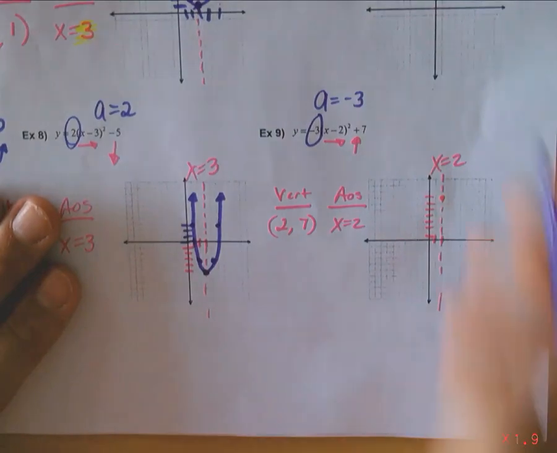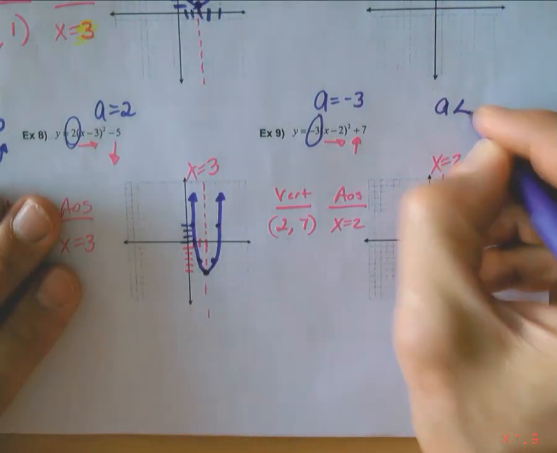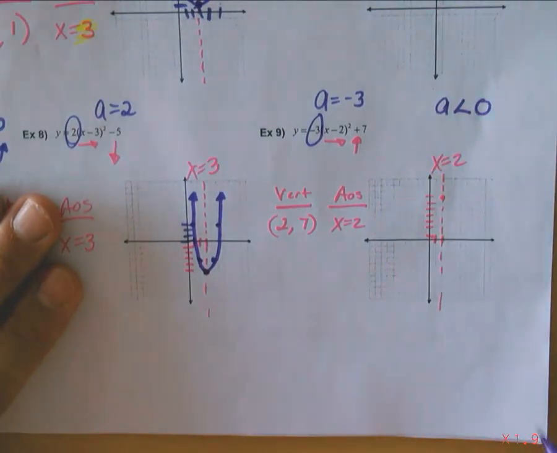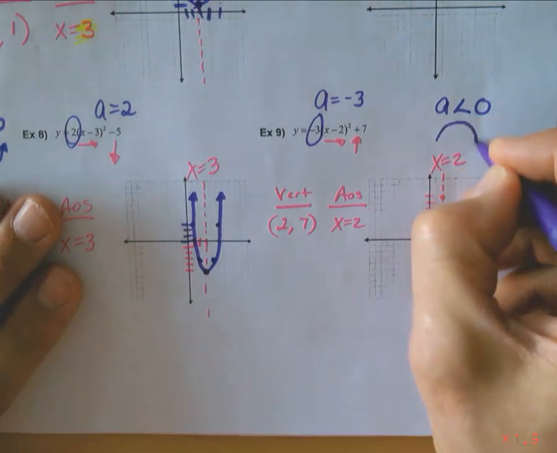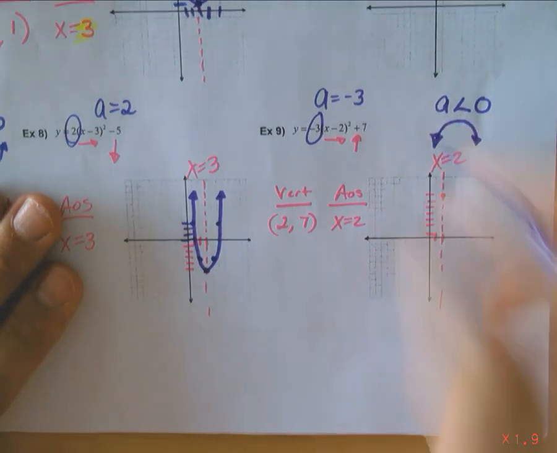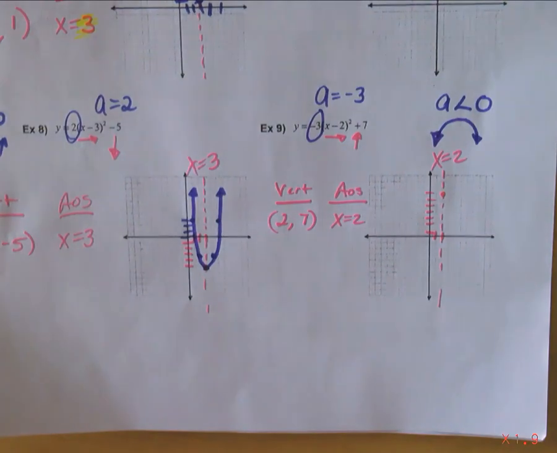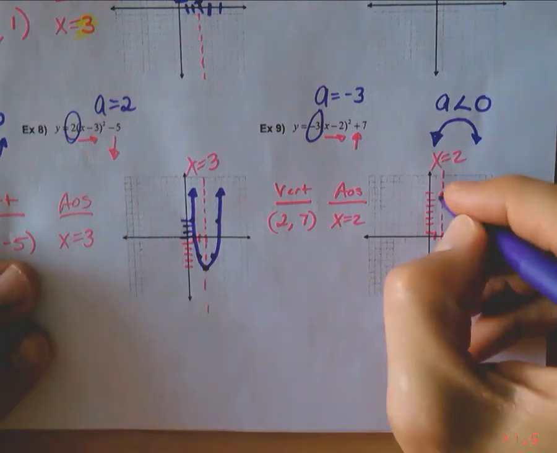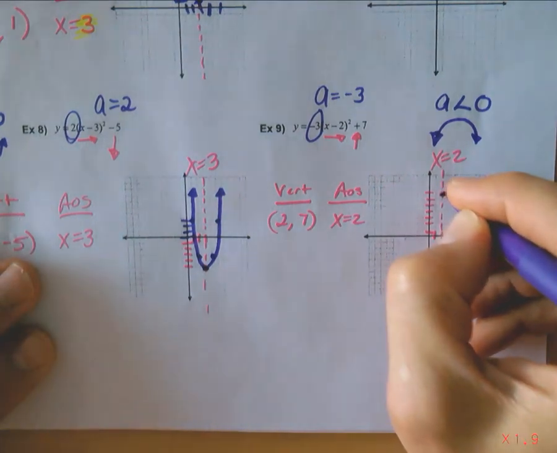And we talked about today, if the a value is less than 0, meaning negative, we got a frowny face. So because it's negative, it's going down. Okay, positives go up, negatives go down. Positive people smile, negative people frown. Okay? All right, so I got my vertex right there, 2, 7.